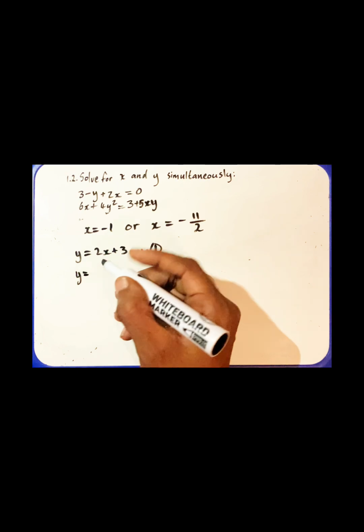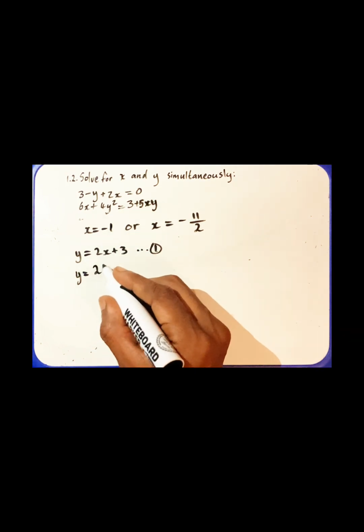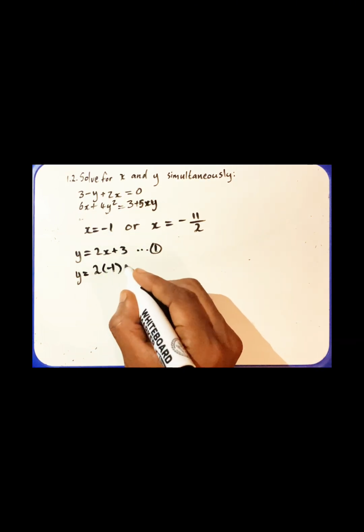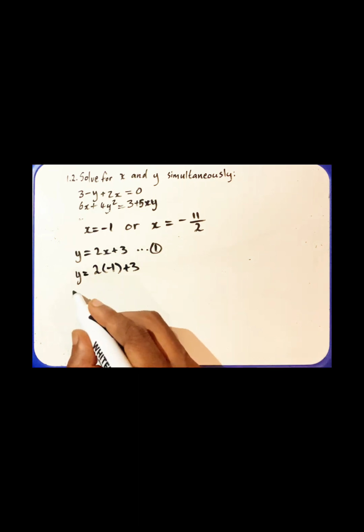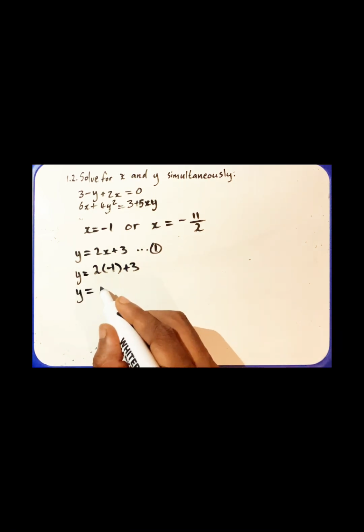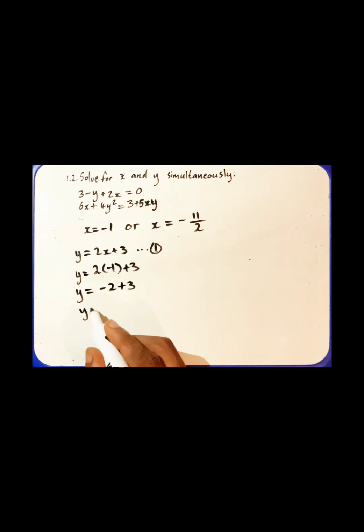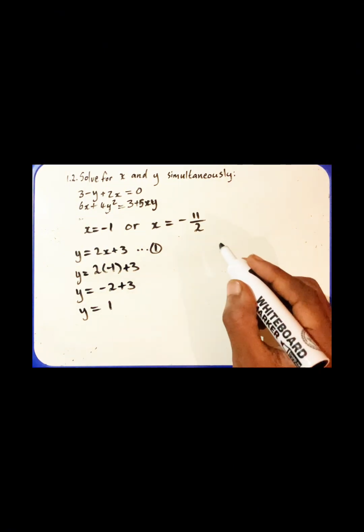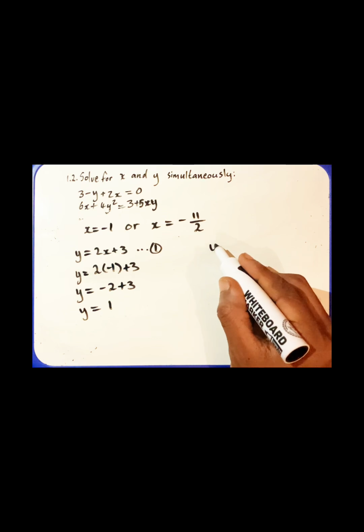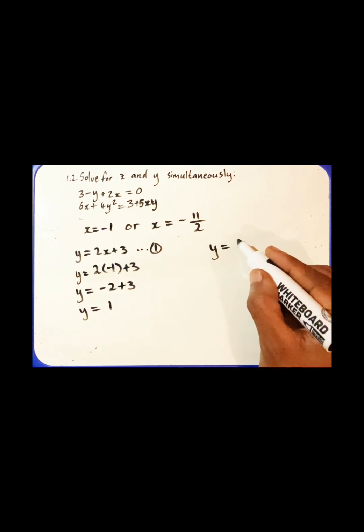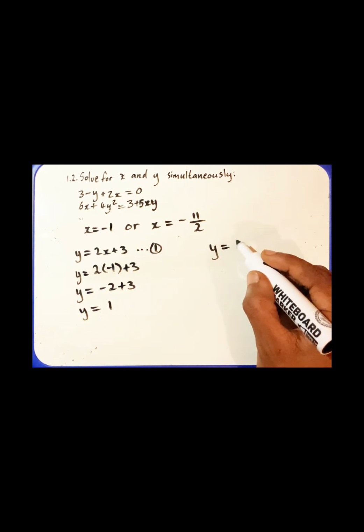We'll start with this negative 1 here. Negative 2 plus 3, y equals 1. And if we substitute the negative 11 over 2, let's see what we get.